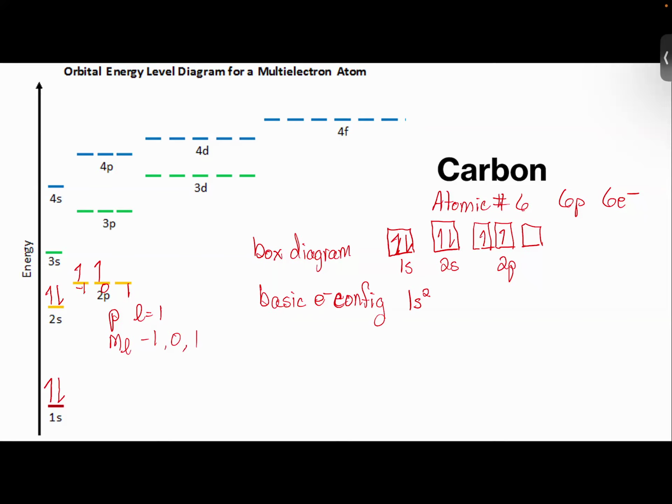So 1s2, 2s2, 2p2 would be the basic electron configuration. It all means the same thing. The difference is whether we're illustrating the electrons or whether we're just stating how many electrons are in that particular subshell.